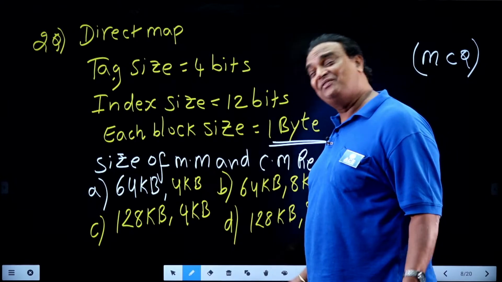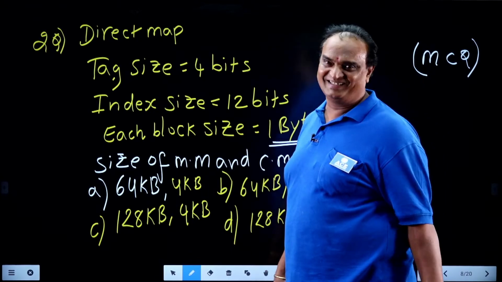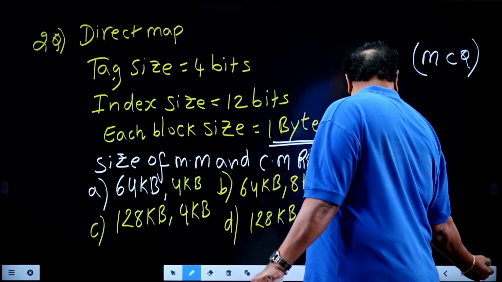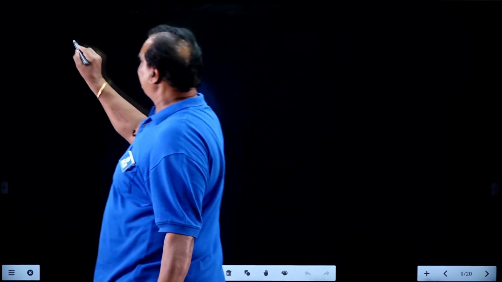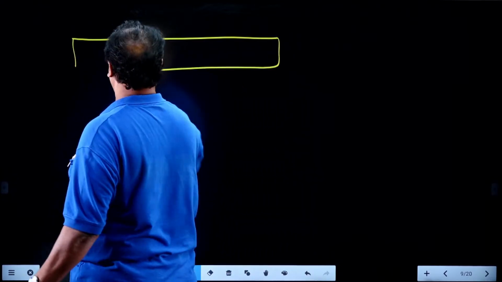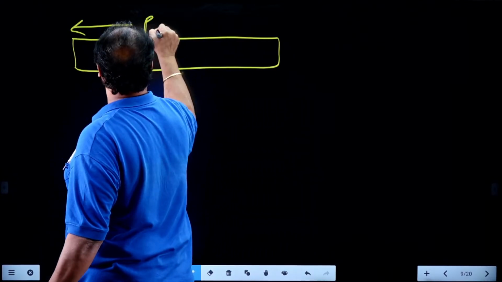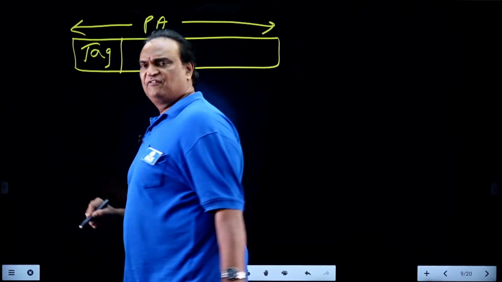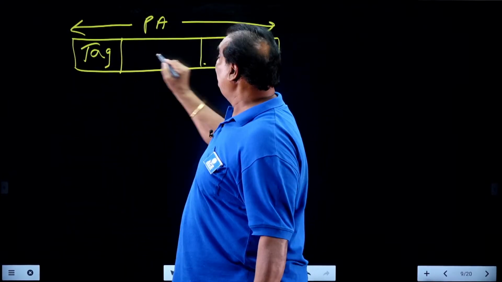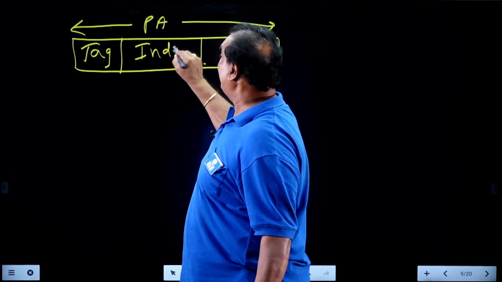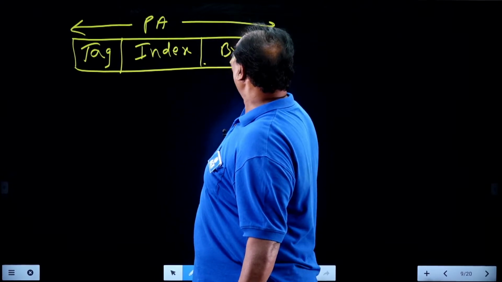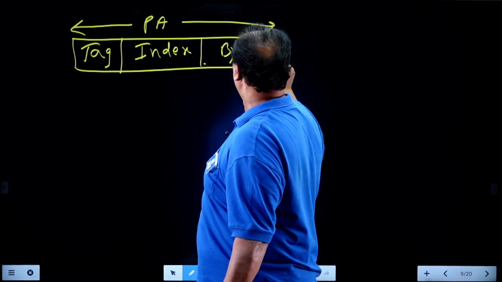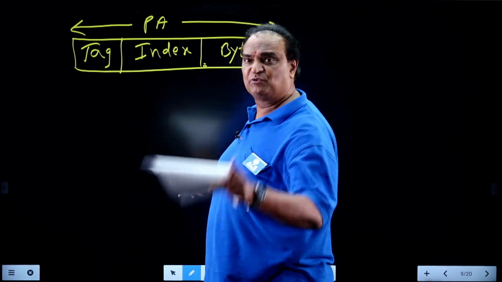To select one of the 1 byte, no address is needed. We know the physical address format in direct mapped cache. The leftmost field is known as tag. The middle field is the index, also known as cache line number, and the last is the byte address or byte number. In this, how many bytes are there? Only 1 byte.